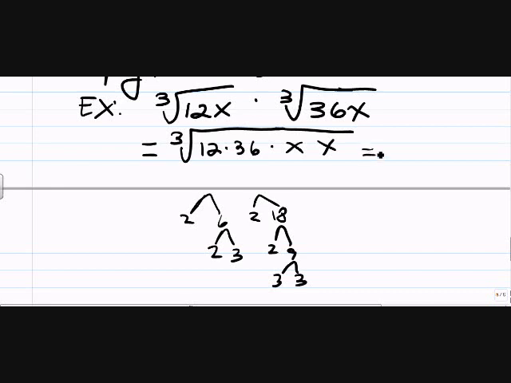So let me see if I can pull out any 3's. There's three 2's, so I get a 2. There are three 3's, so I get a 3. That's all of the numbers.